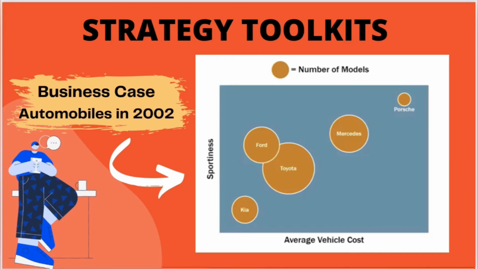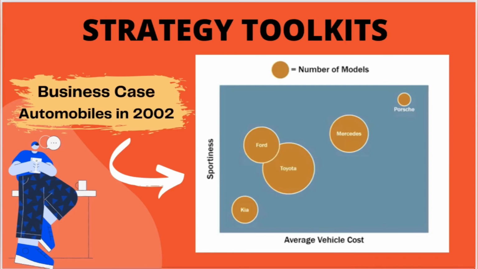In the middle, they still have sportiness, but the cost is also in the middle. We can see that the highest brands have far fewer models than the lower products.